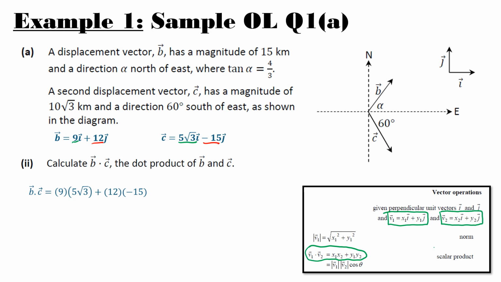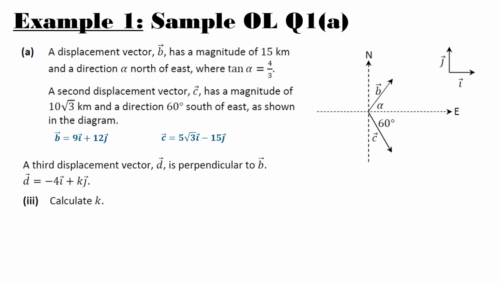We multiply the two i bits together plus multiply the two j parts together. And you are including the signs. That gives us 45 root 3 minus 180. That's kind of as simple as it can be in surd form. And if we go to decimal, that's negative 102.06. So a lovely straightforward question once you know what you're doing.